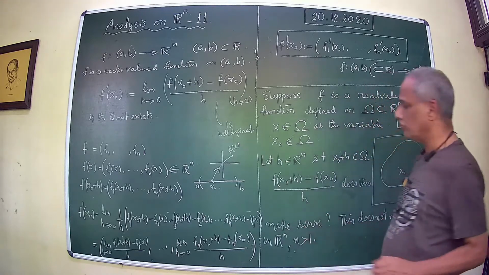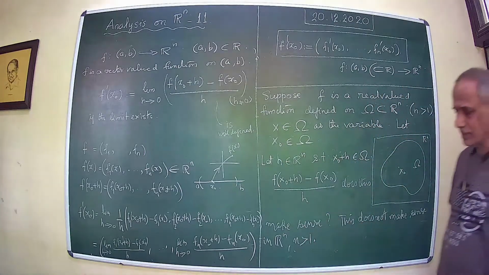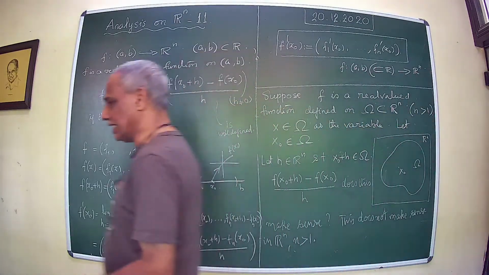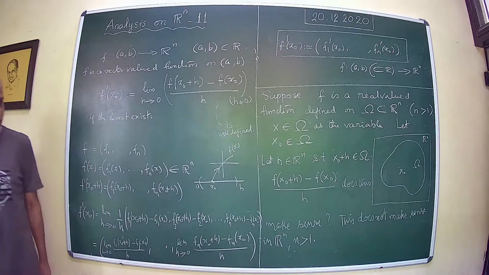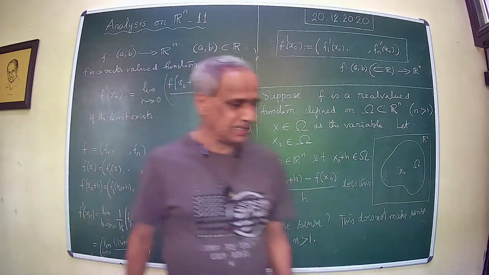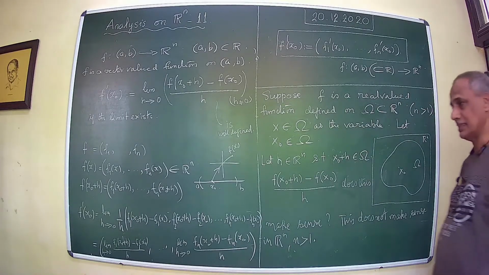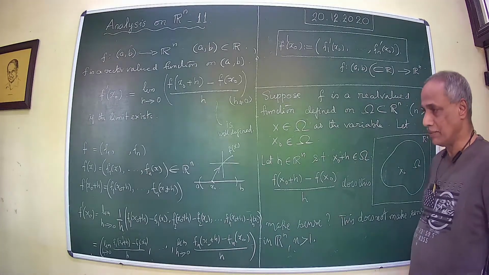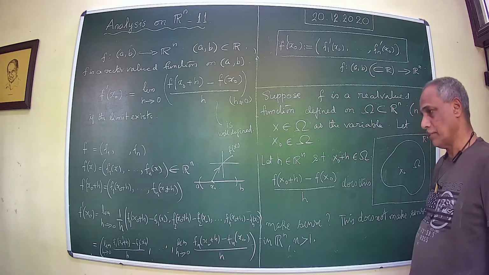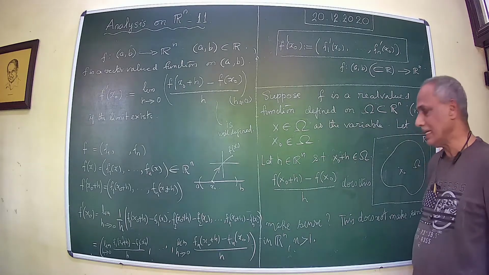In fact, you might say, okay, in C we could get away with it. What did we do? In C you had f of z plus h minus f of z divided by h, and the h was a non-zero complex number.